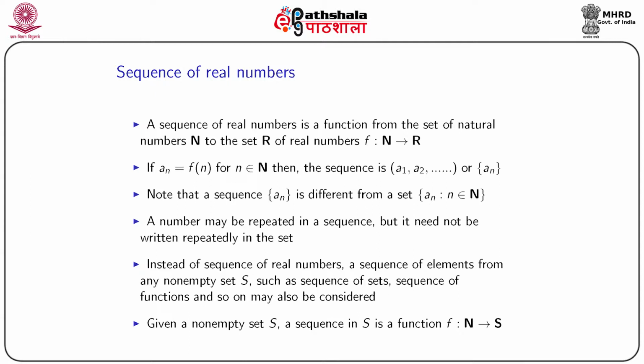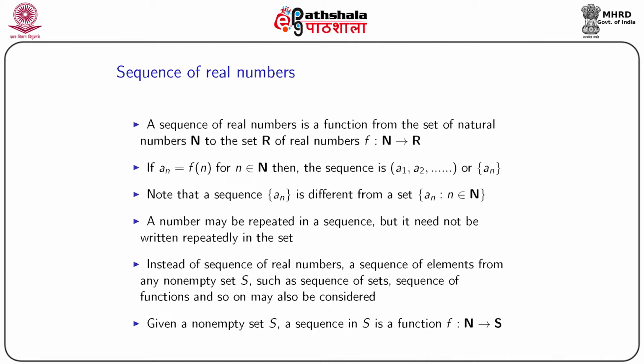So we define f as a function from N to R. Now if a_n is equal to f(n) for all n belonging to the set of natural numbers, then the sequence is a1, a2, a3, and so on, or we write it as {a_n} in brackets. So this denotes a sequence.